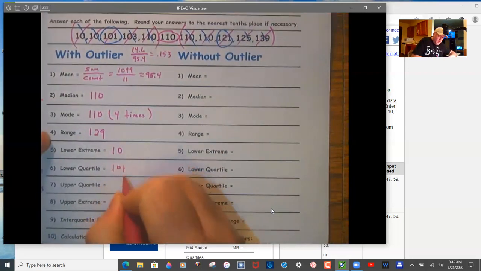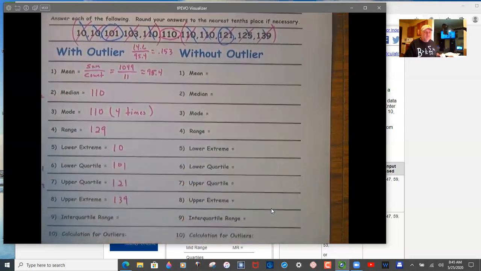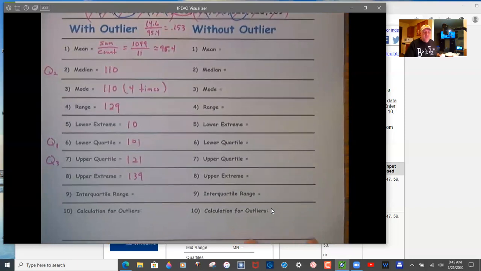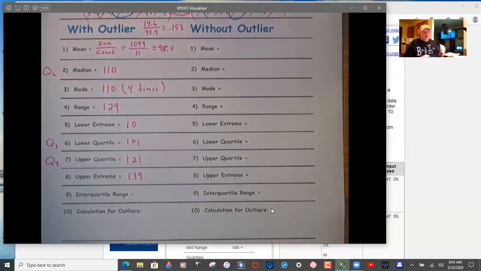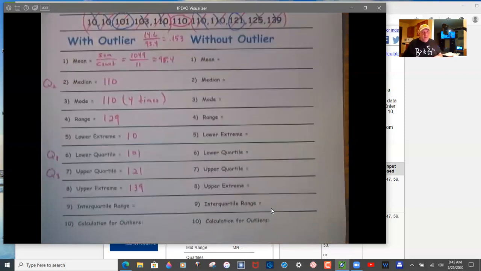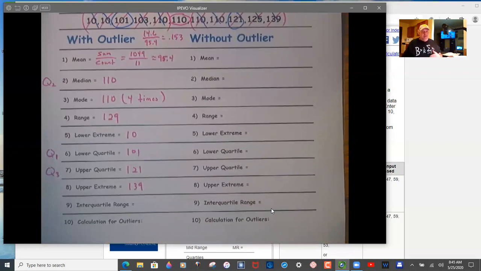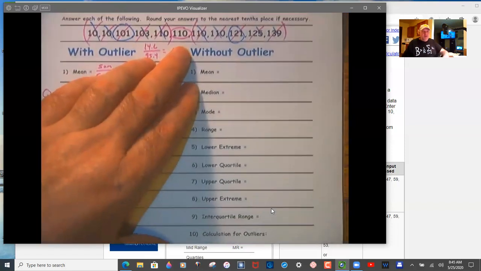Now I need to say this, you need to be very wary of certain sites or certain data calculators. Calculator Soup does it the way I showed you. The TI-84 does it the way I showed you. There are many ways of calculating the quartiles. That's one of them. And so you exclude the median position.